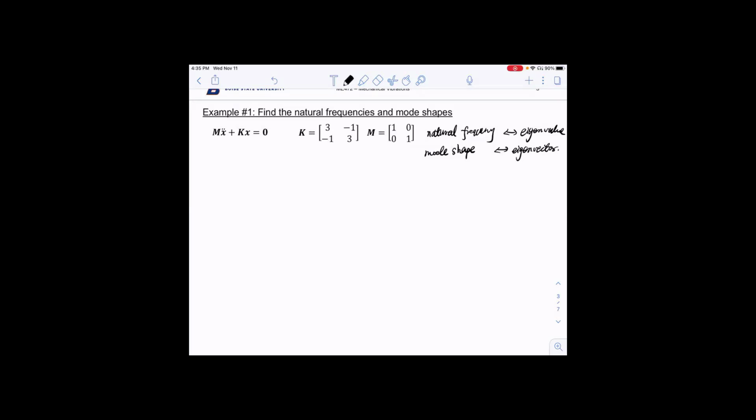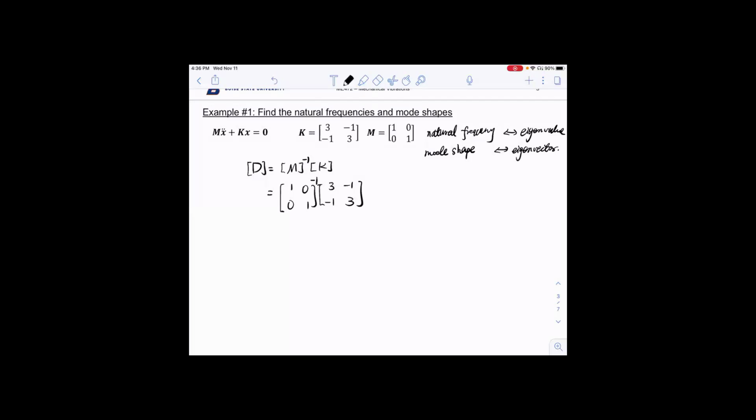So which matrix should we solve the eigen problem for? In this case, remember, we need to find the D matrix first. That's M inverse times K. If you want to write it out, that's [1, 0; 0, 1] inverse times [3, -1; -1, 3].